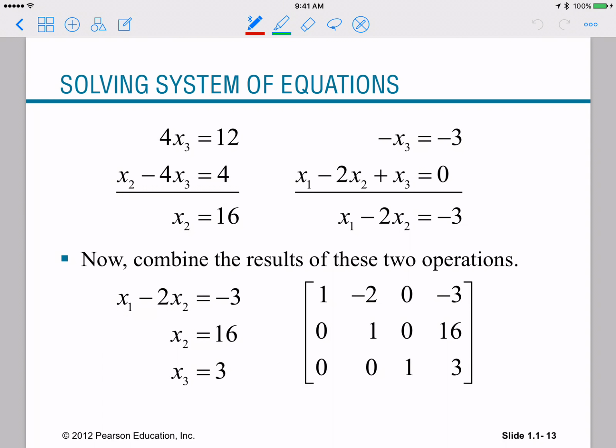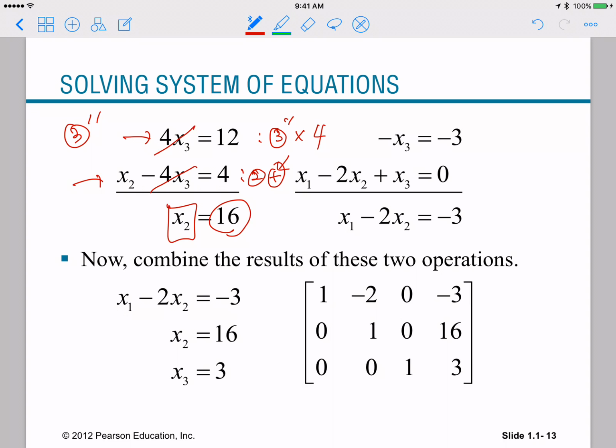So this is our third equation, but it was transformed twice, and this is just simply multiplication of the third equation by 4, and then adding it to the second row, right? And then we can remove this x3, and now we only have x2, which has the value of 16, right?